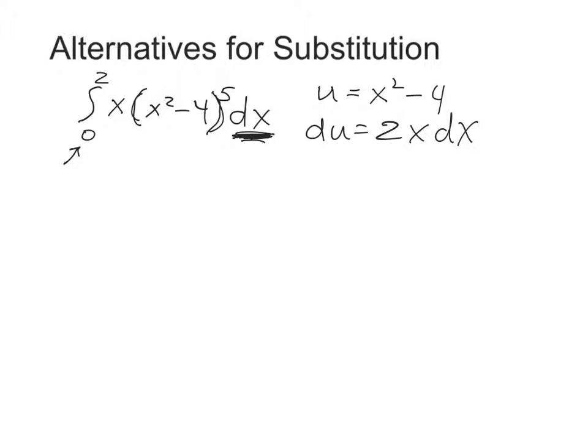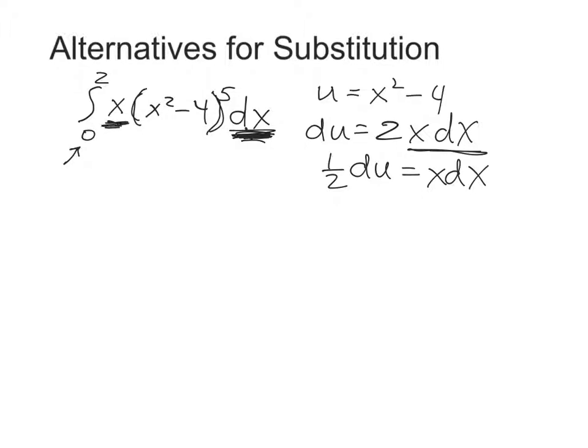Now, at this point, the course material goes in a little different direction than I do. It will say, well, we have the x dx, so let's just solve this equation for the x dx. We divide by 2, or multiply by 1/2, and we get x dx on the other side.